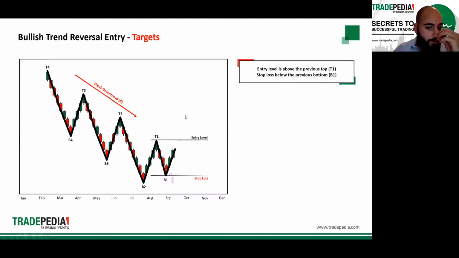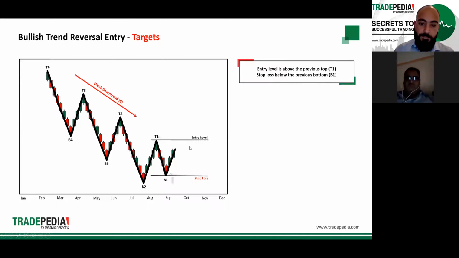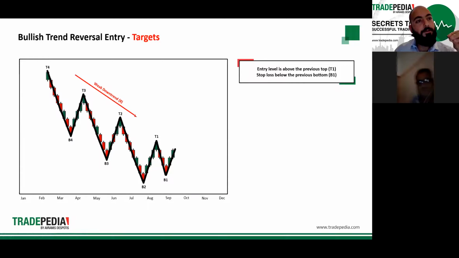That is why whenever we see a weak downtrend taking this shape, we can set our entry above T1. Of course, in trading, for every entry, you must have a stop loss level set in place. In this case, our stop loss will be below B1.